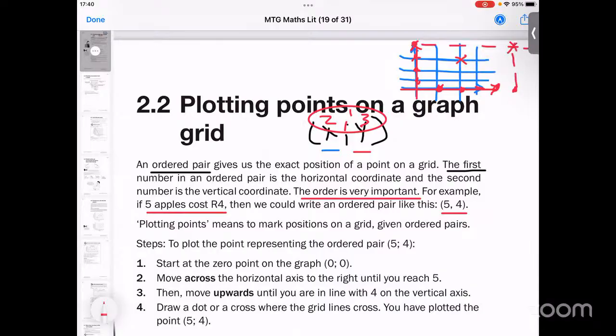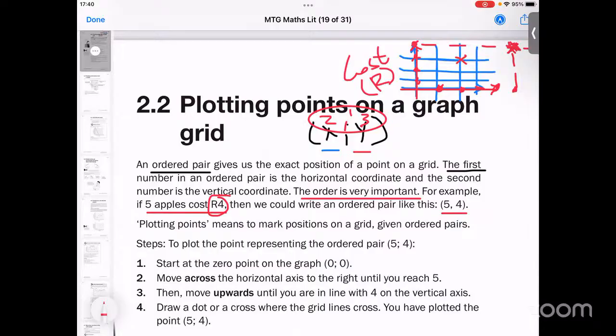That is the point that you can mark on your grid. And here, obviously, this is the cost of the apples, not in dollars, but in rands, just as it was given there. Something of that nature, honorable member.